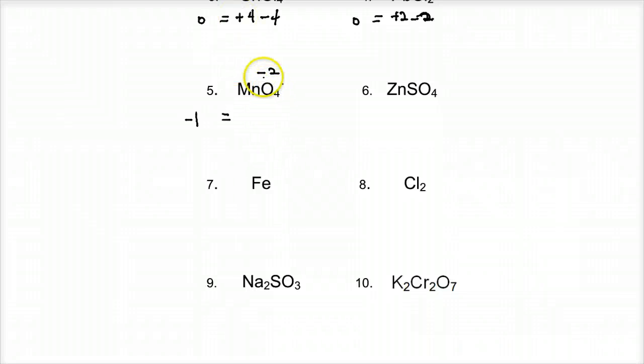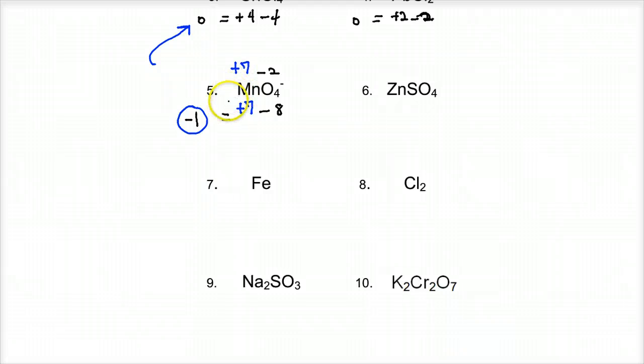There's 4 of them, so 4 times -2 is -8 overall. What charge do I need for the manganese in order for this to equal not 0, like we did before because those were compounds, but -1? Clearly +7. And because there's only one manganese, it's +7 individually.